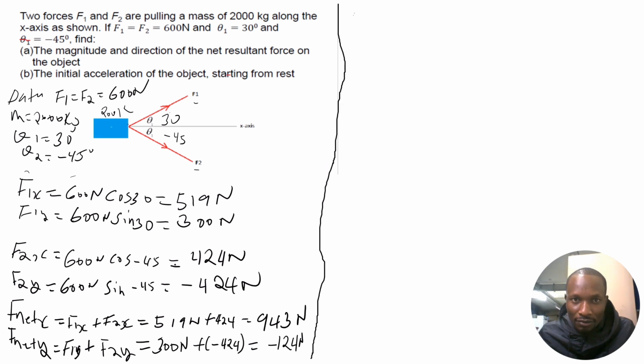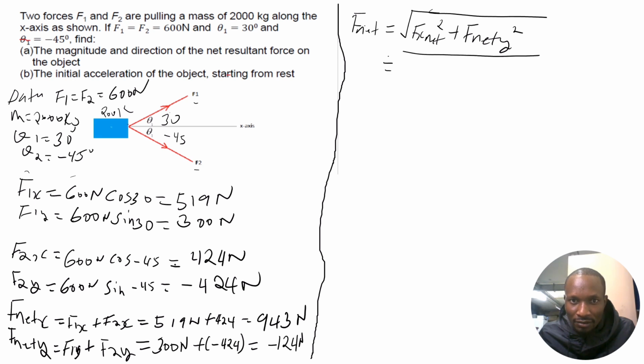The net force magnitude will be the square root of Fnet x squared plus Fnet y squared, so the square root of 943 squared plus minus 124 squared, and that's going to give us 951 newtons.